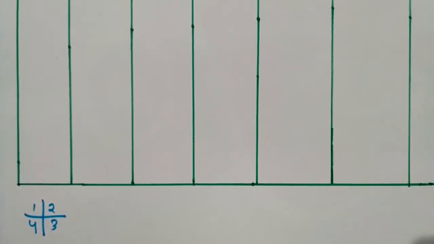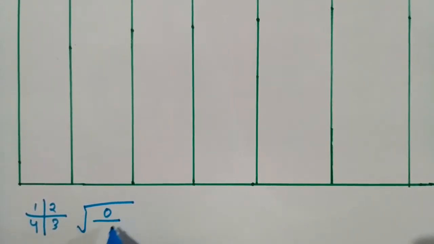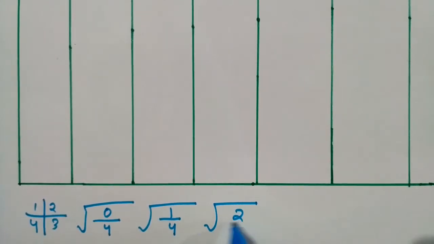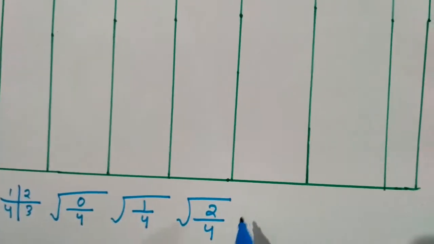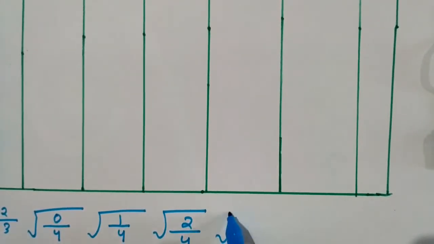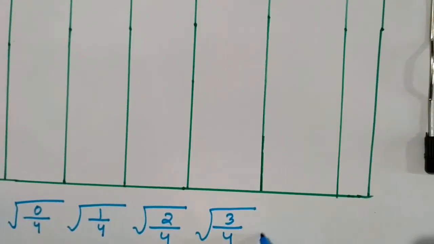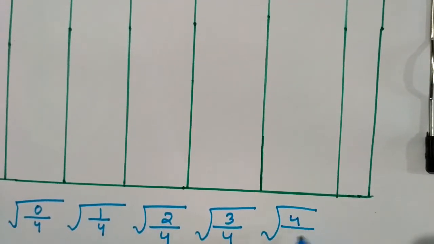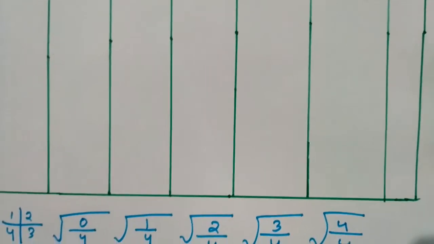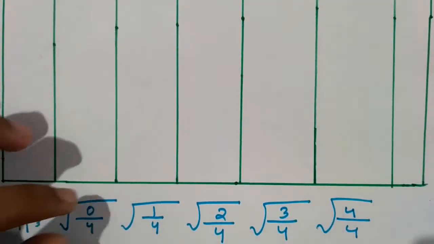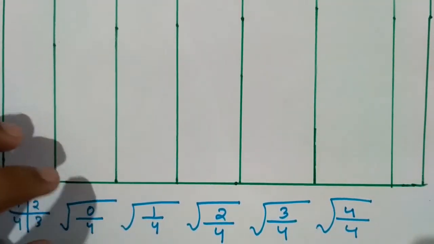For sine, you should remember this: root over of 0 by 4, root over of 1 by 4, root over of 2 by 4. It's very easy. And now root over of 3 by 4 and root over of 4 by 4. Now you will note down the root over of these and mention it as sine.